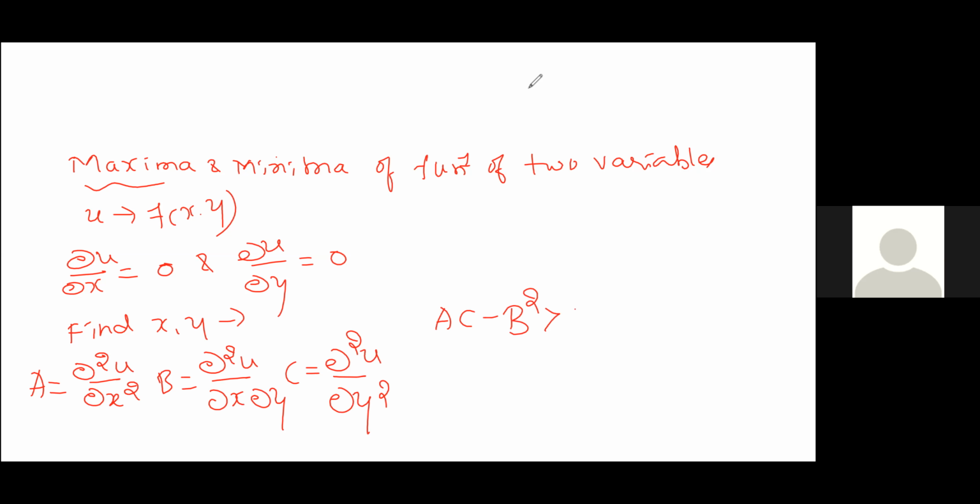If AC minus B square is greater than 0, then you have to check the value of A, whether it is greater than 0 or less than 0. If A is greater than 0, then the function attains its minimum.